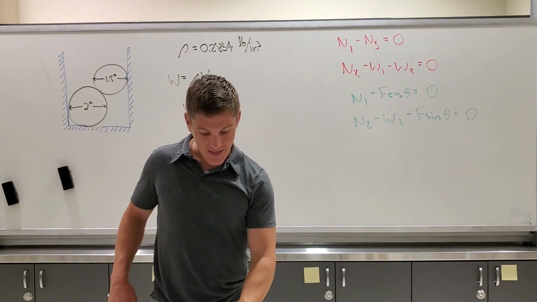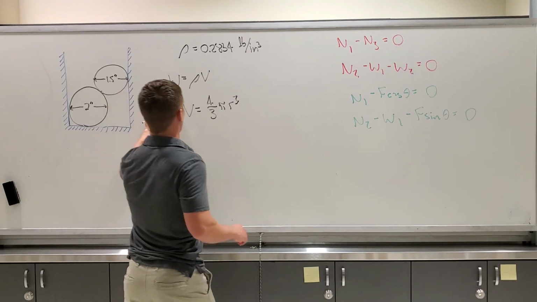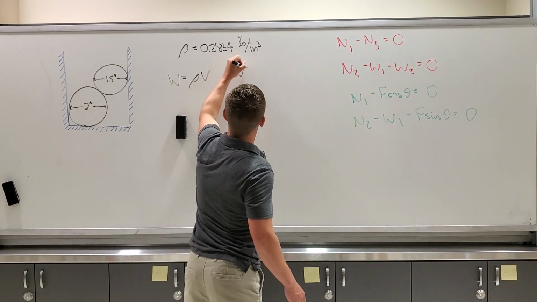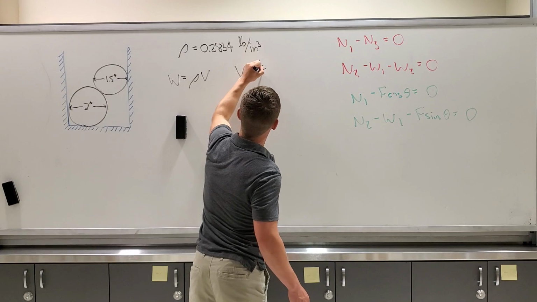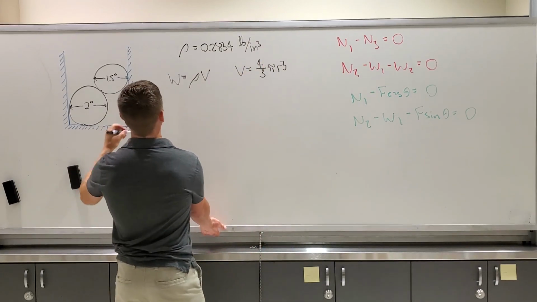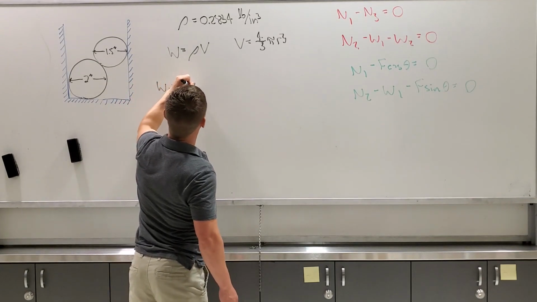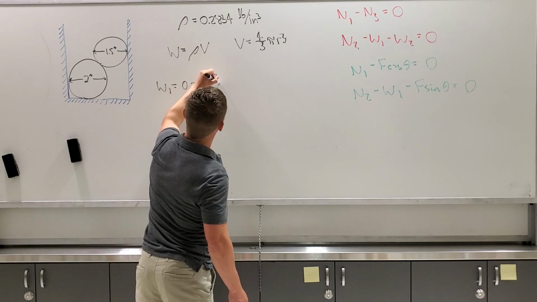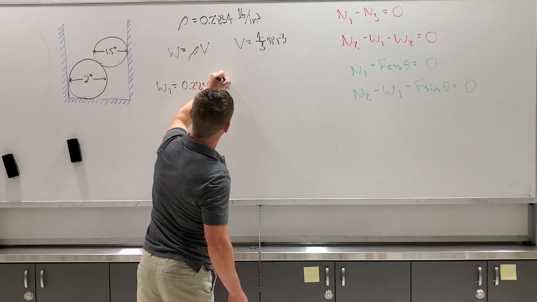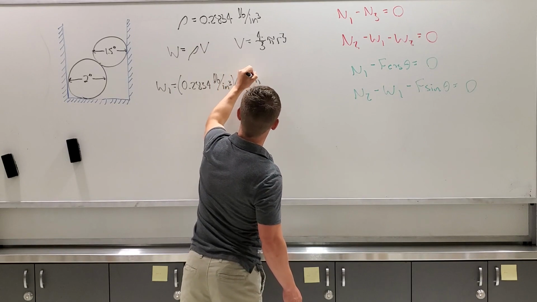So we can say that V is equal to 4/3 pi r cubed, and weight 1 is going to be equal to 0.2834 pounds per cubic inch times 4/3 pi.